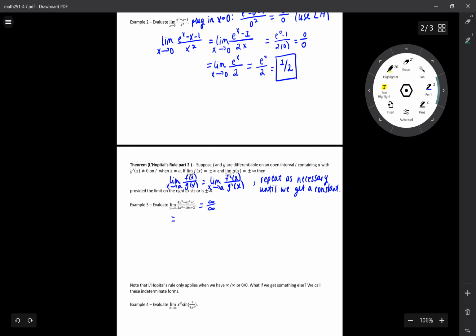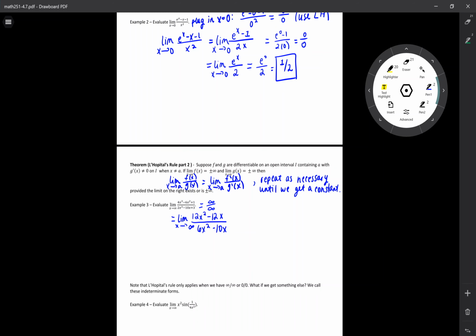So L'Hopital's rule tells me, since I have infinity over infinity, I can take the limit as x goes to infinity of the derivative of the top divided by the derivative of the bottom. The derivative of the top here is 12x squared minus 12x. The derivative of the bottom is 6x squared minus 10x.